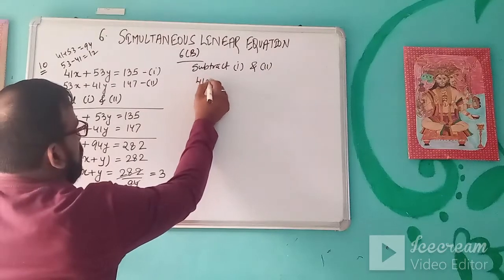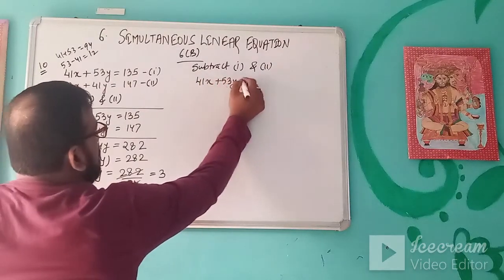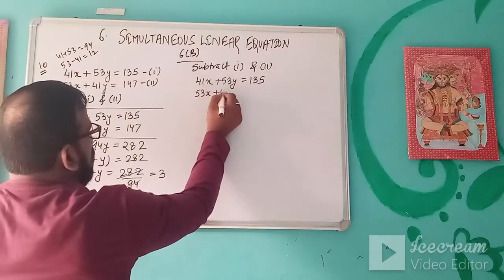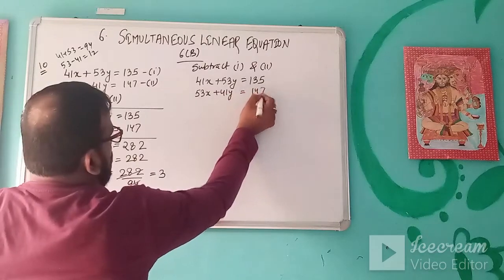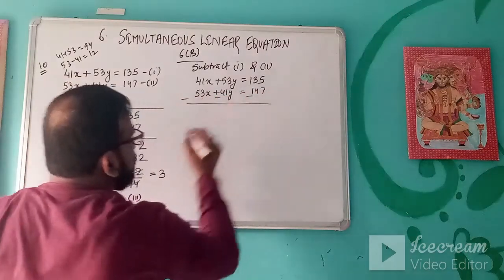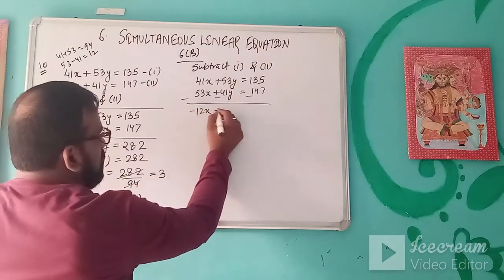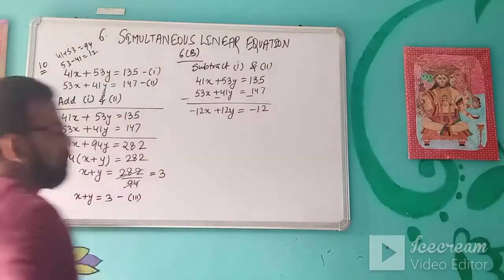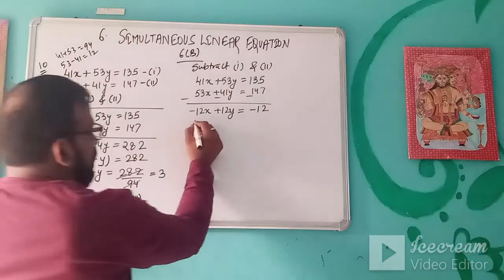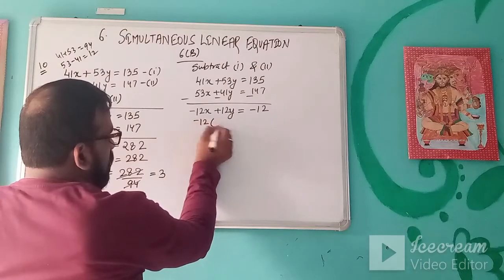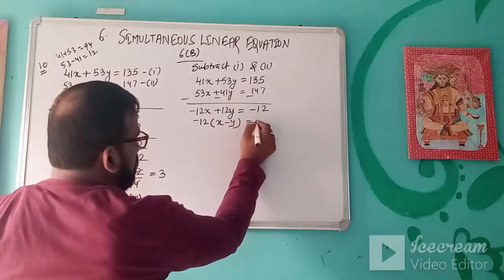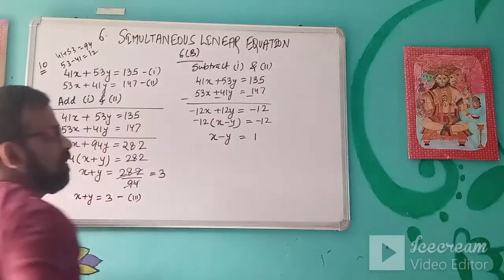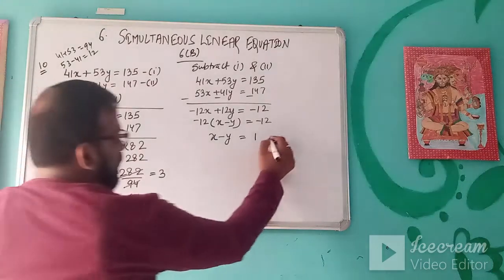So 41x plus 53y is equals to 135, and 53x plus 41y is equals to 147, and on subtracting I get minus 12x plus 12y is equals to minus 12. So here I will take minus 12 as common, so it becomes x minus y is equals to minus 12 divided by minus 12, or x minus y becomes 1. So this is my fourth equation.